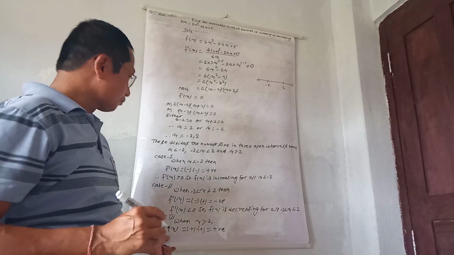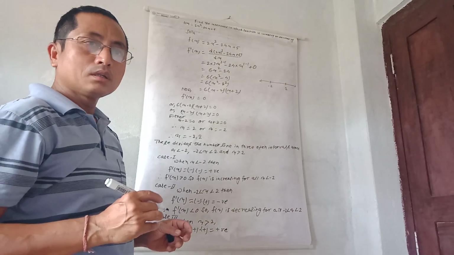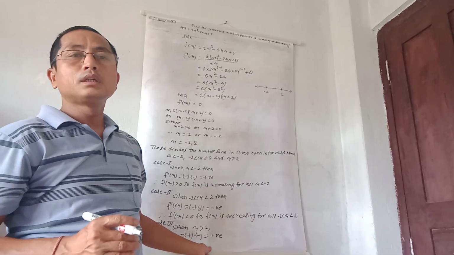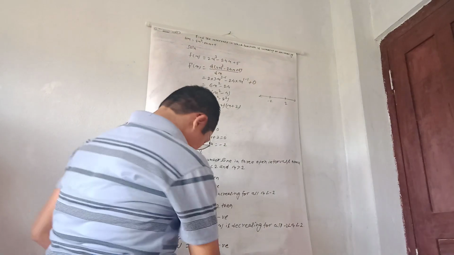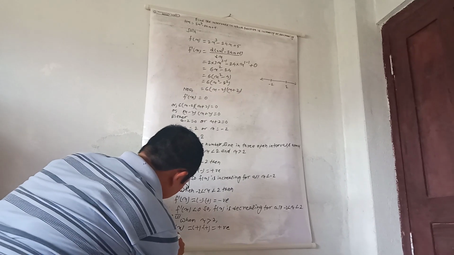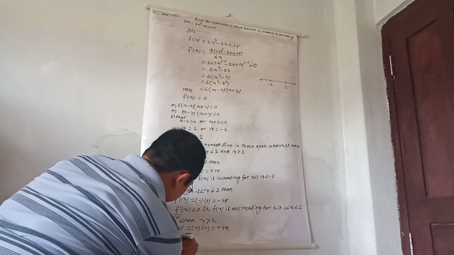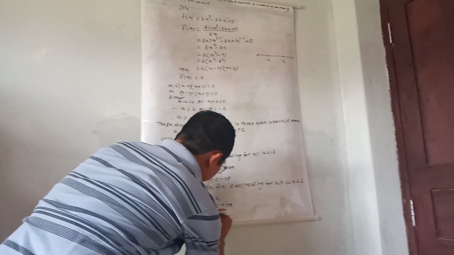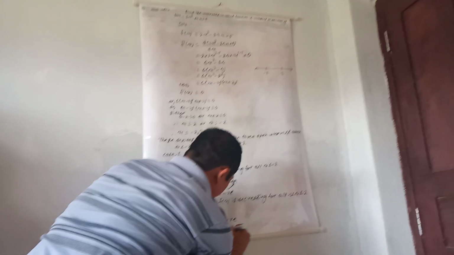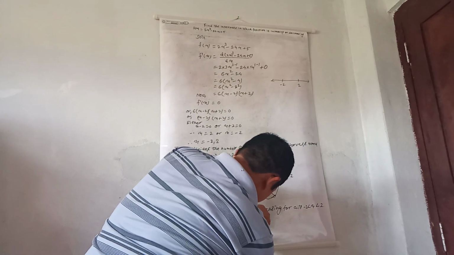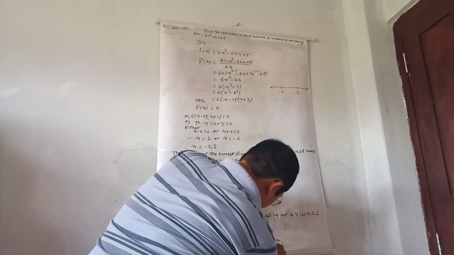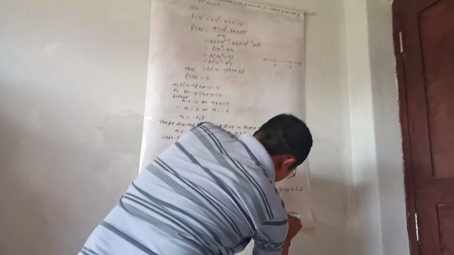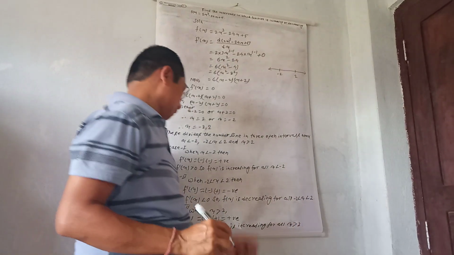It is clear the function is increasing, because the value of the derivative is positive. Therefore f'(x) is greater than 0, so f(x) is increasing for all x greater than 2.